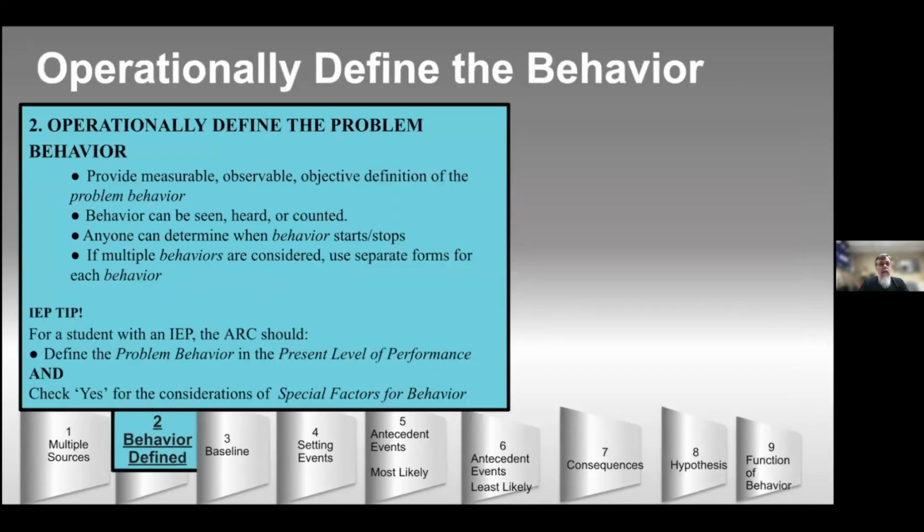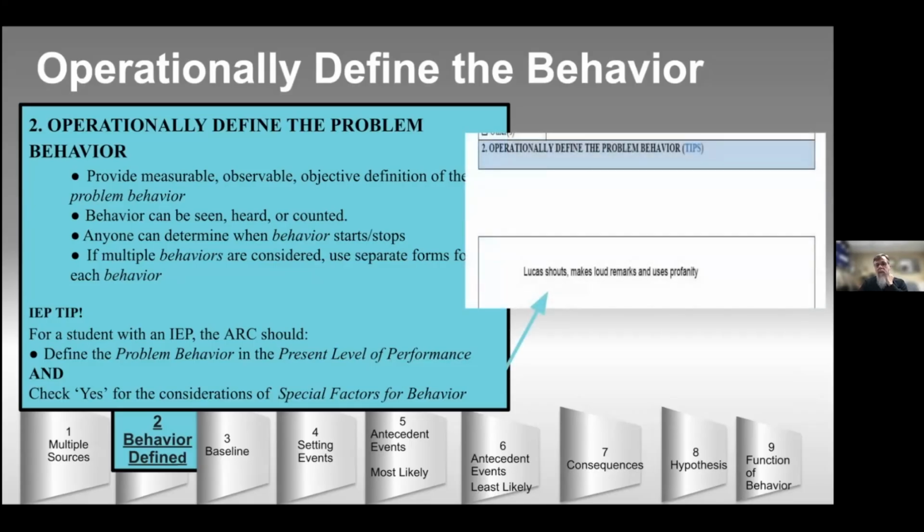So when we're looking at after we've defined it, for example on this slide, the IEP tip is for a student with an IEP, the ARC should define a problem behavior in a present level of performance and check yes for the considerations of special factors for behavior. And in this box, this is an example.